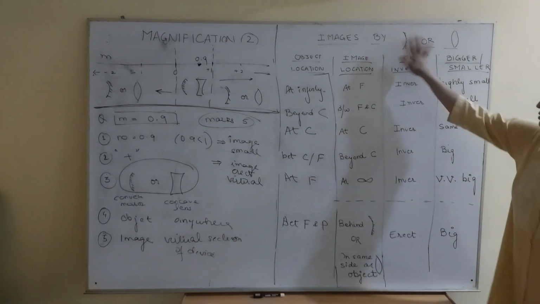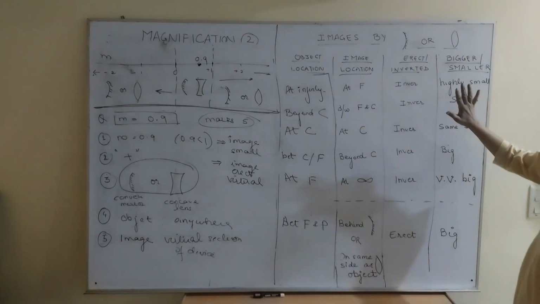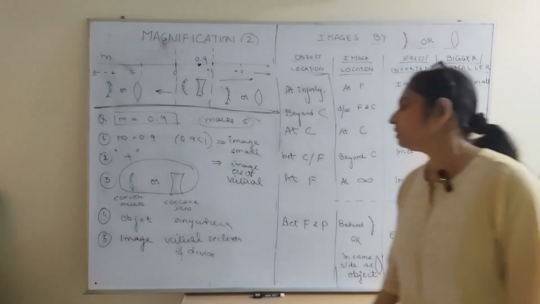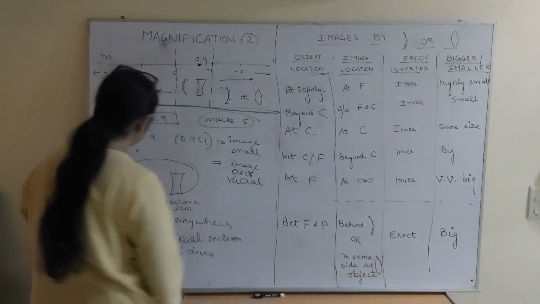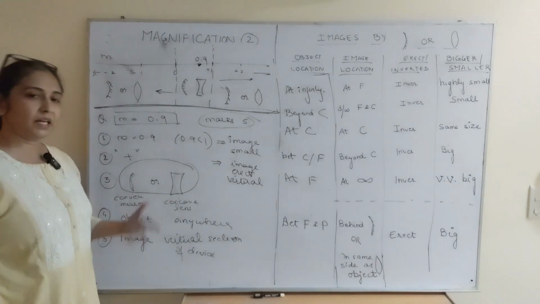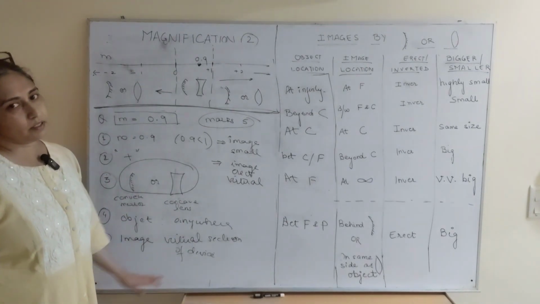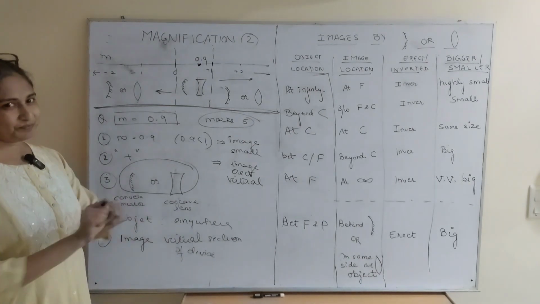Small and erect means it belongs to the table of the other two lenses and mirrors. From that table there is only one option: the object is anywhere, wherever it wants to be, and the image is always on the virtual side of the device.